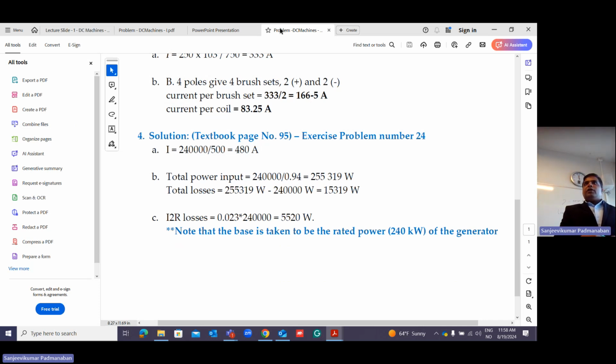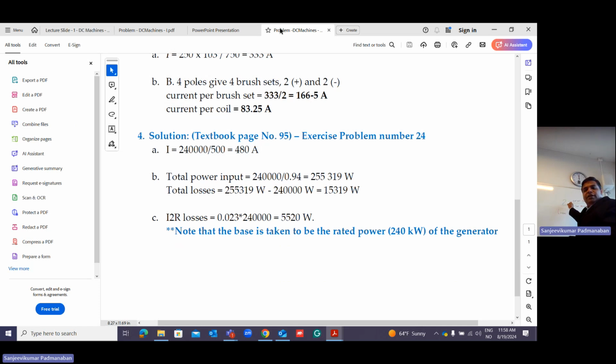The output power is already given in the problem, 240 kilowatt. I need to calculate the input power. How to calculate it? Efficiency is equal to output power by input power.